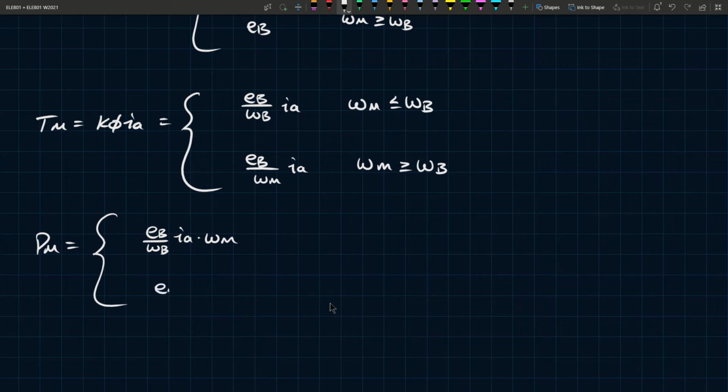And this here would be EB times Ia, since the omega m at the bottom disappears. So this EB Ia is actually the electrical input power minus the stuff that's lost in the windings. But that's more of a side note than anything else. So this, again, for omega m less than or equal to omega b, and this is for omega m greater than or equal to omega b.